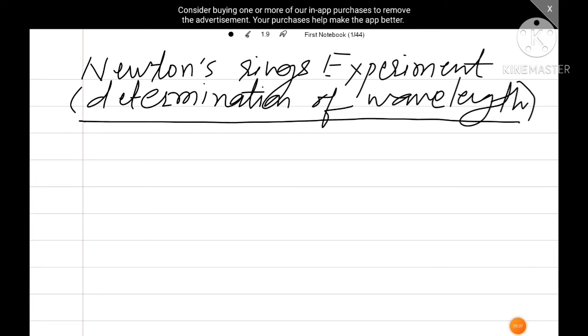Hello, now let's see how we can find the wavelength of the used monochromatic light by Newton's ring experiment.